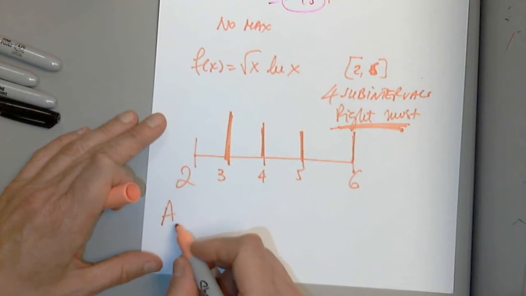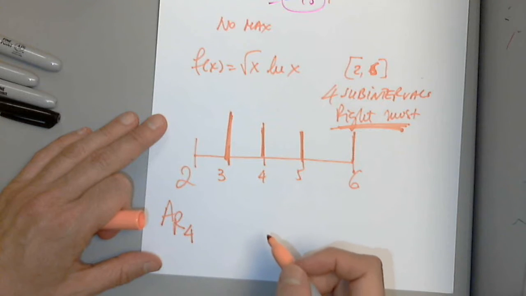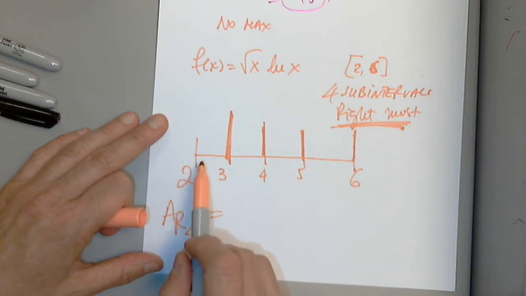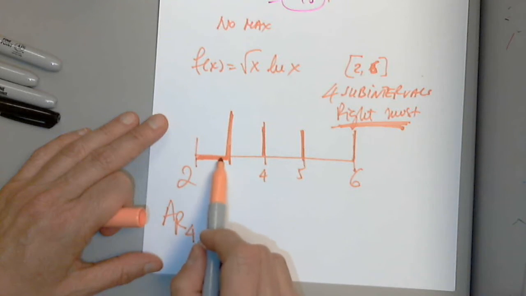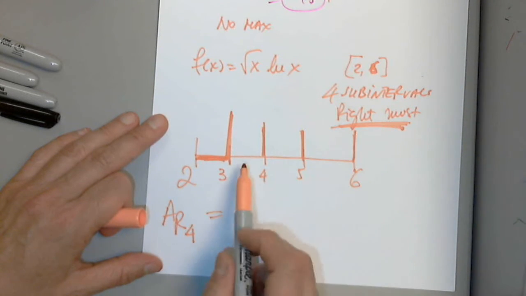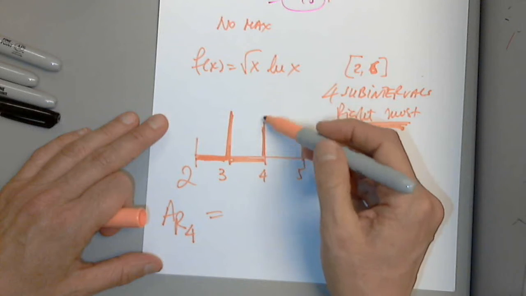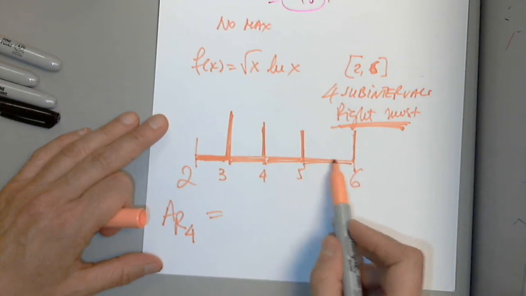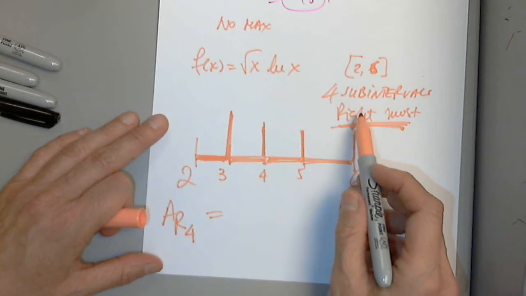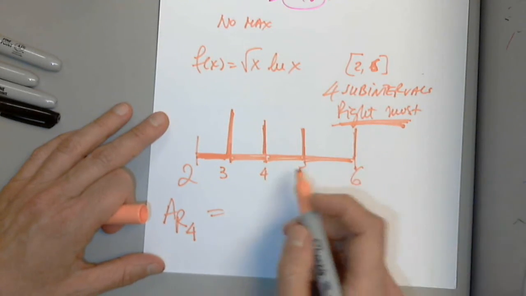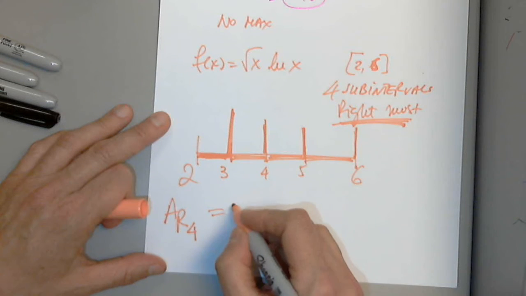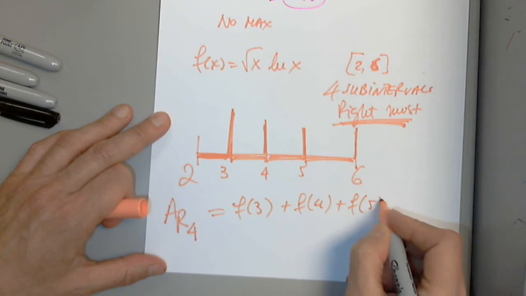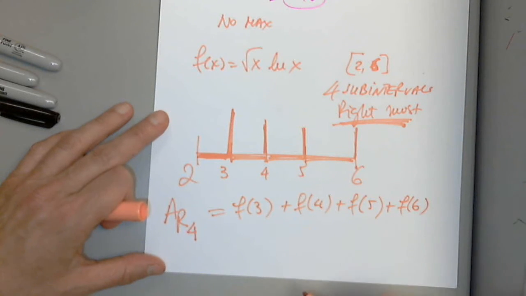So the area with right 4 equals delta x, which is 1, times f of 3, plus 1 times f of 4, plus 1 times f of 5, plus 1 times f of 6. Is that clear? Since it's 1, I don't have to repeat it. So I'm going to write f of 3 plus f of 4 plus f of 5 plus f of 6.